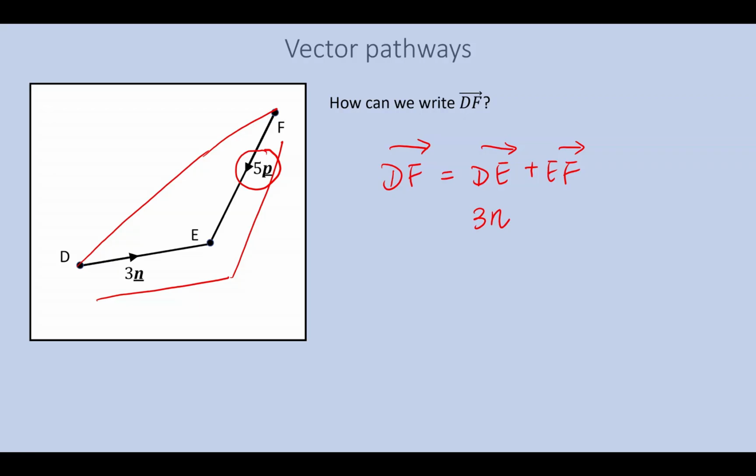That is 3n. However, this, I want the opposite. I want to go there. That is opposite of 5p. Then I will put negative 5p. If you're rushing, you got no M1 to save you, and then you will have no A1. That is your M1, and that is your A1.